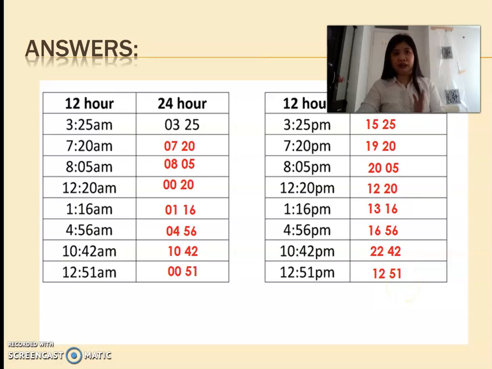But if it is already past 1 o'clock for 12-hour, and you want to convert it to 24 hours, 1 o'clock plus 12 will become 1300. So it will be 1300 here. Okay, but this one is 12:51 p.m. Still, the answer will be 12:51 without p.m. Okay, I hope this one is clear.